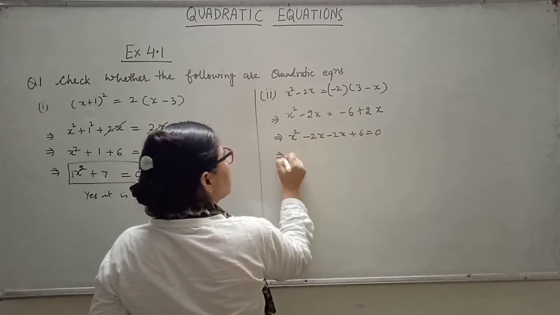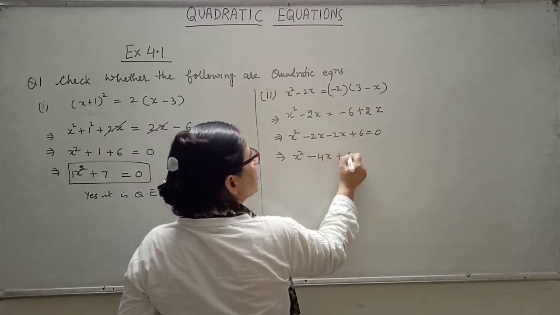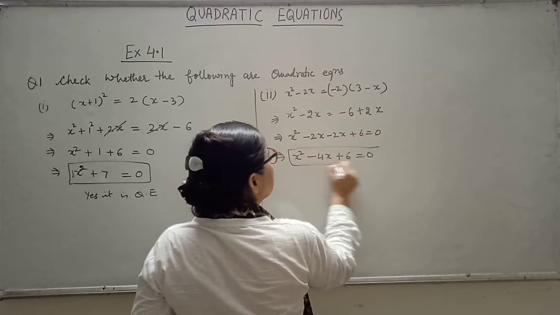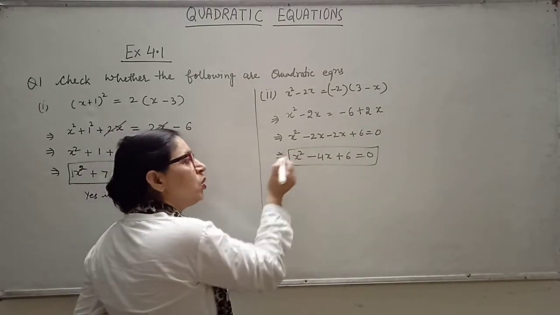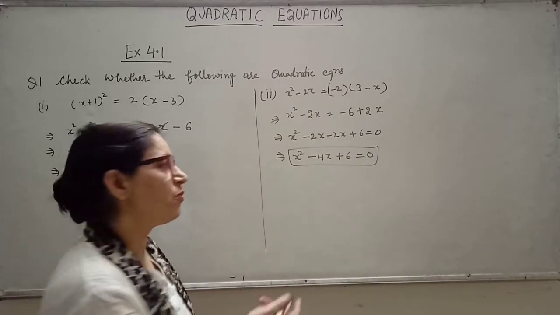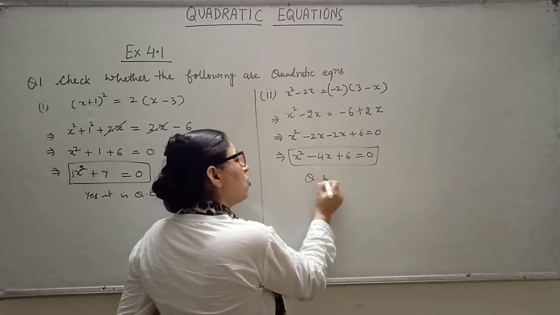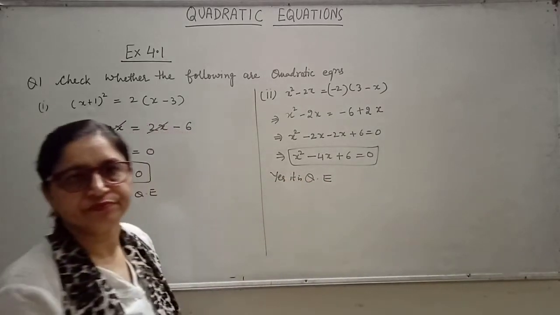So you can see this is minus 4x plus 6 equal to 0. What is the degree? The highest power is 2. What type of equation is this? This is also a quadratic equation.